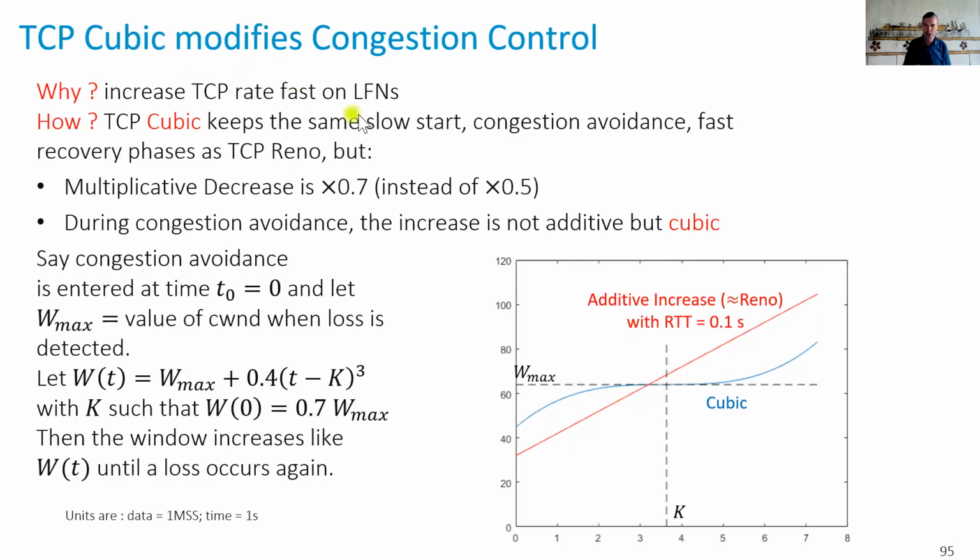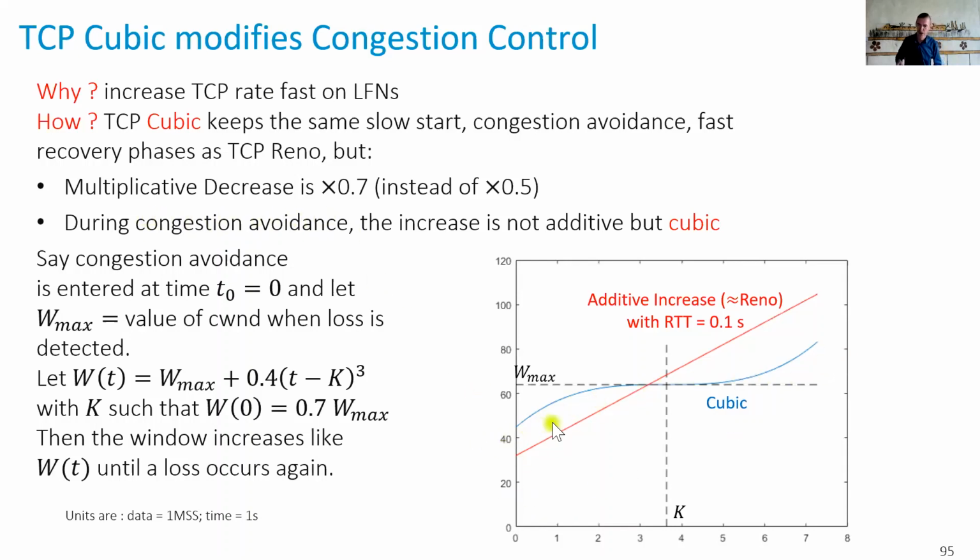So TCP Cubic does the following change. It uses everything that we've seen before. It uses additive increase, multiplicative decrease, slow start, fast recovery, all this, with one exception. The only thing is the phase called congestion avoidance, which is when we do the additive increase, is replaced by this blue curve here.